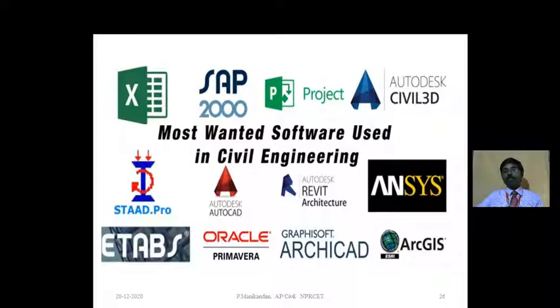For analyzing the structure, we use STAAD Pro, ETABS, SAP 2000. In MNC companies, they use project scheduling software so that they schedule each and every work that should be carried out in a project, and at which duration it should be started and completed. For that they use Primavera, MS Project, etc.